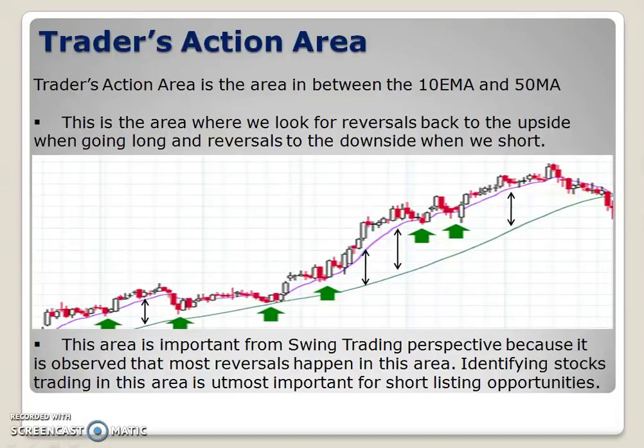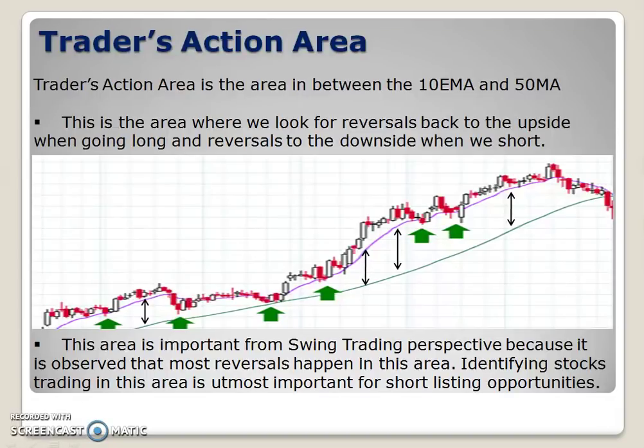In general, I have observed that price action or the price reversal happens within this zone. This area is very important from a swing trading perspective because it is observed that most reversals happen in this area. Identifying stocks trading in this area is utmost important for shortlisting opportunities.